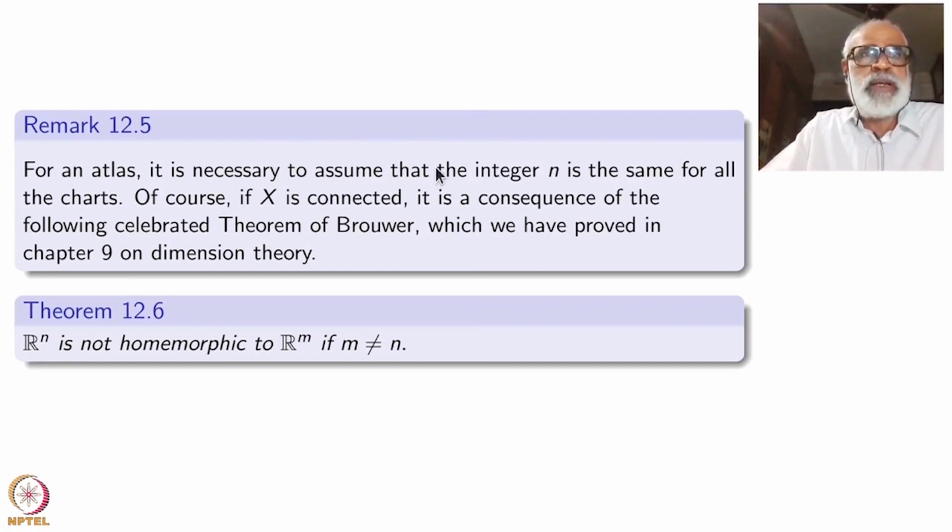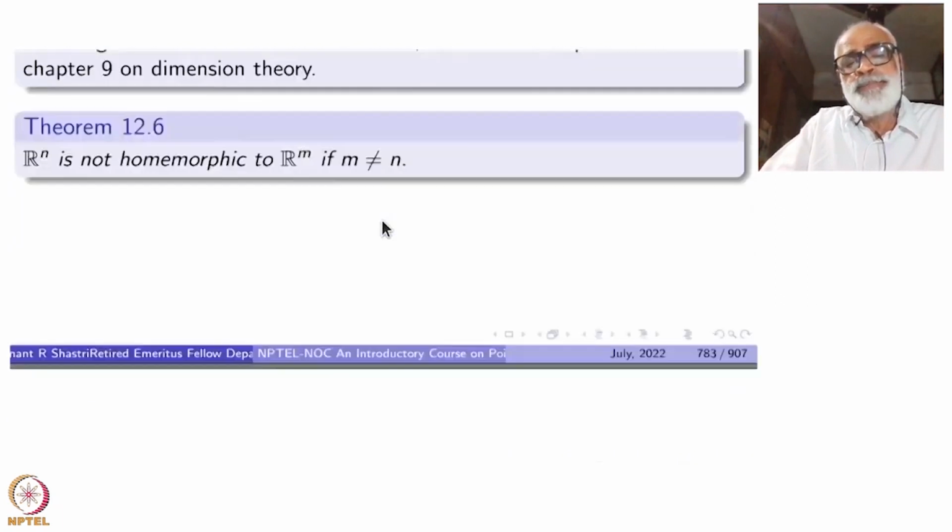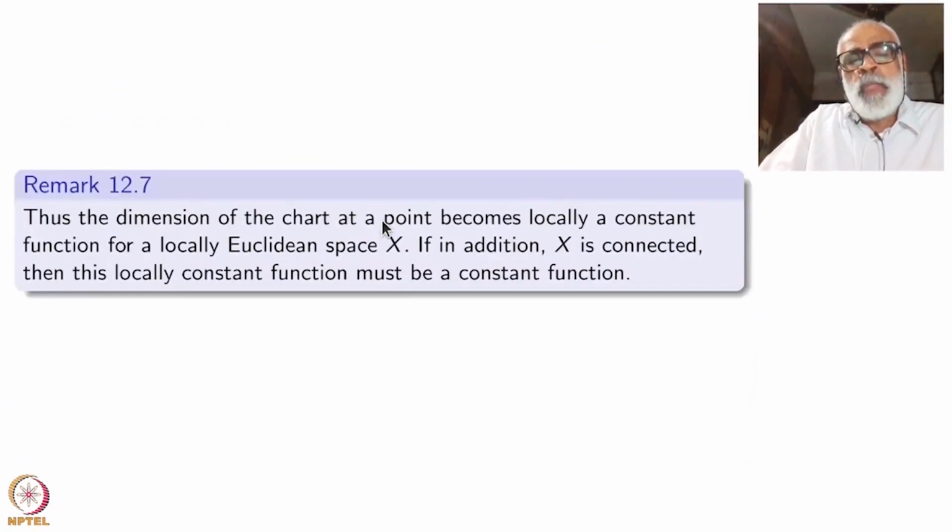A single point, you have to take it as a discrete space, a countable discrete space. Therefore, it is 0 dimensional. So don't mix up such different dimensions. That's all it says. Thus, the dimension of the chart at a point becomes locally constant, and a locally constant function on a connected space is a constant function.